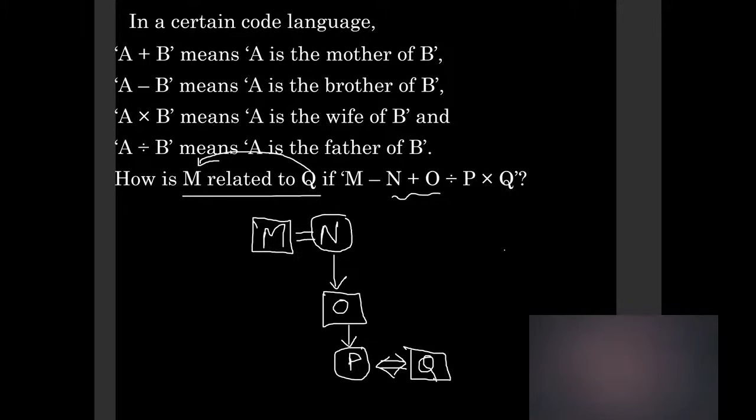From Q, it is connected to P. Q's wife is P. So the first link is wife. Next, P to O is connected, so wife's father. O is P's father. Next link is related to O, so the link here is father. Wife's father.